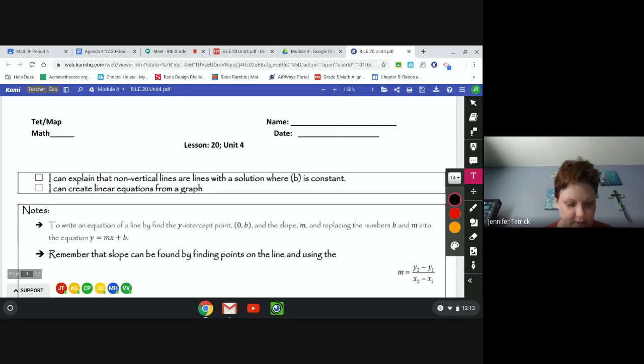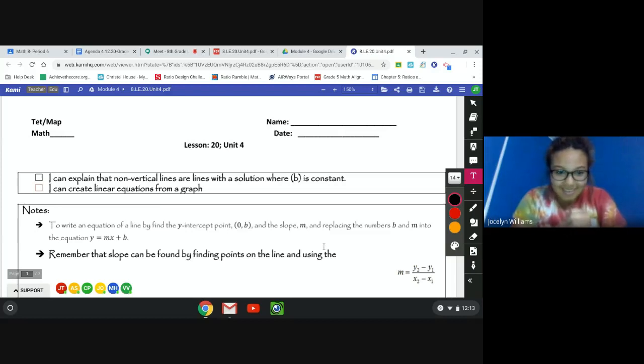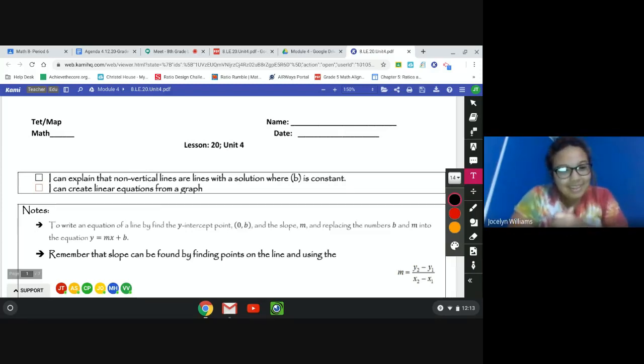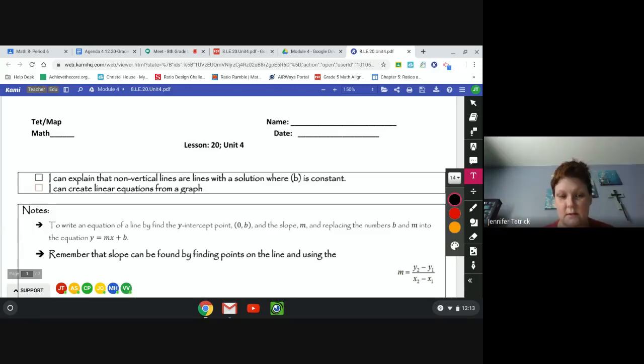My first learning target. I can explain the non-vertical lines with a solution where B is constant. Yeah, so those non-vertical lines are lines, and this goes back to what Najla said, where she used a different point on the line.